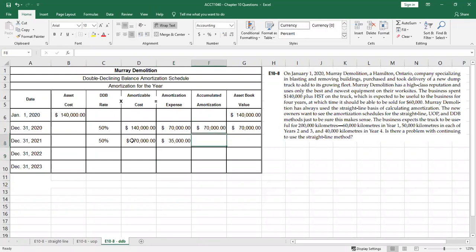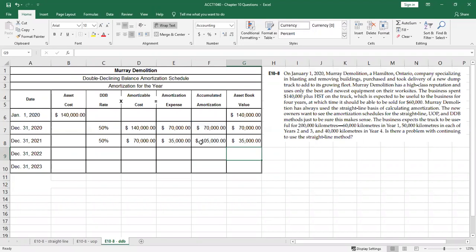Accumulated amortization will be what we've accumulated so far, plus the new amortization expense. So now we have accumulated amortization of $105,000. The asset book value will be the historical cost of $140,000 minus all that accumulated amortization.